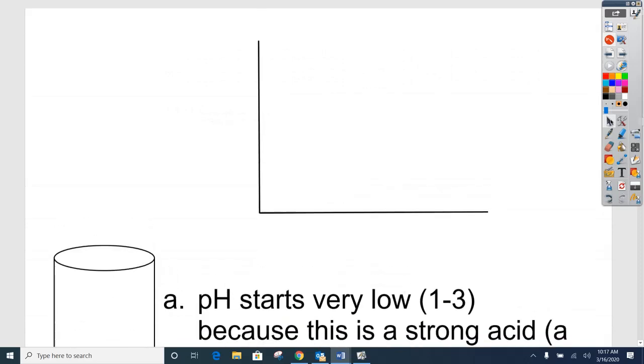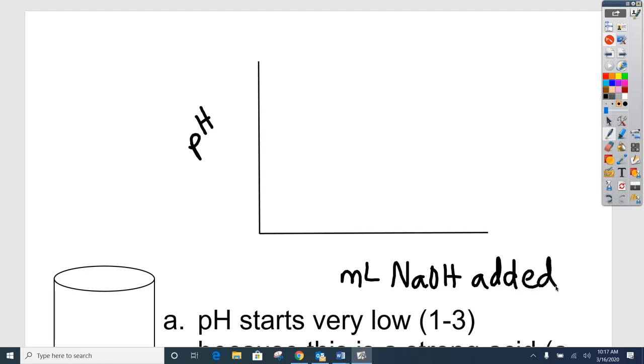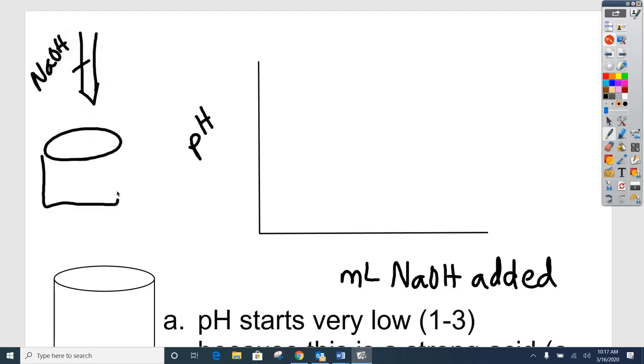I would like for you to fill in a graph as well for me. If we graph pH on the y-axis and milliliters of sodium hydroxide added on the x-axis, we get the graph of this titration, where you've got your sodium hydroxide in your burette and your strong acid, your hydrogen ions, because chloride is a spectator ion and HCl is a strong acid, meaning it completely dissociates.